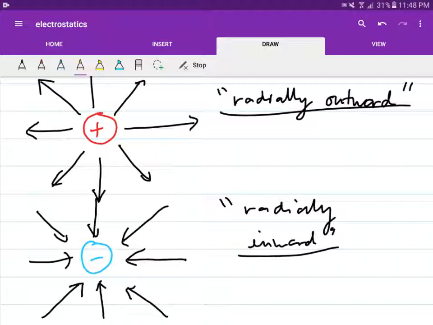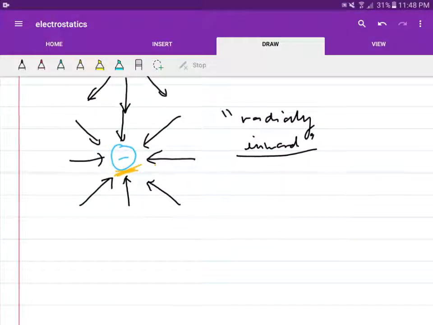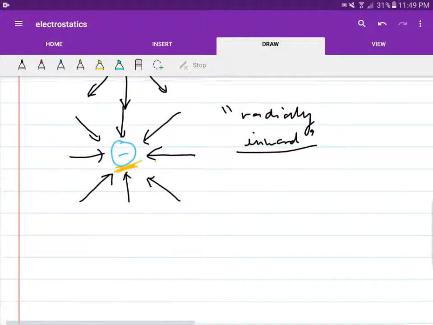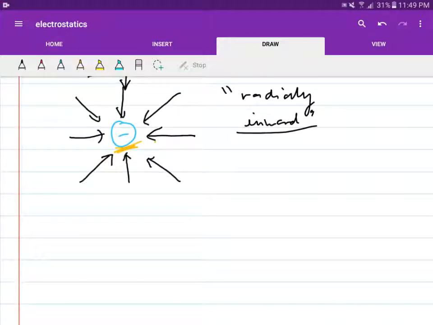So this positive charge sets up a field that is attractive to this negative charge, and vice versa by Newton's third law. This negative charge is also attracted by the same amount to this positive charge. So this is the property of the electric fields.